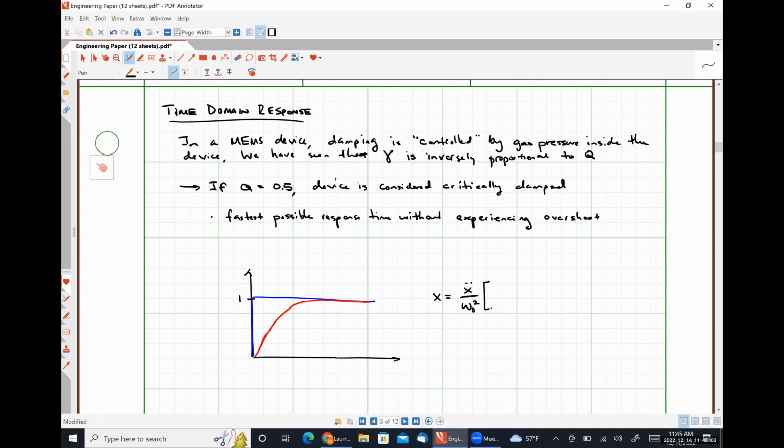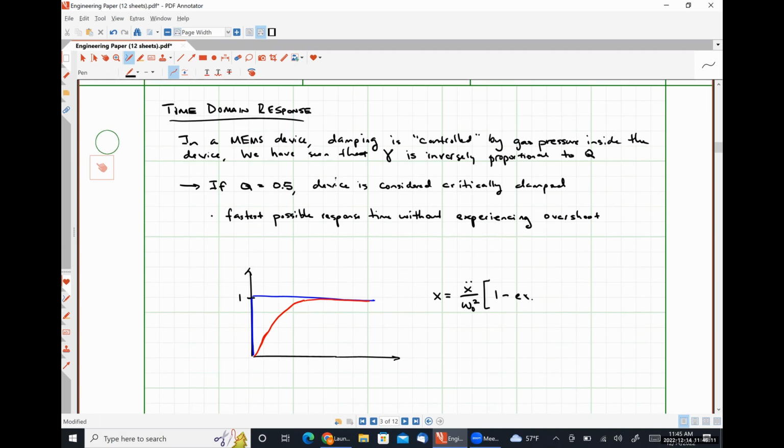And then we multiply this by 1 minus exp of negative omega naught t, and then this is multiplied by omega naught t plus 1. Okay.